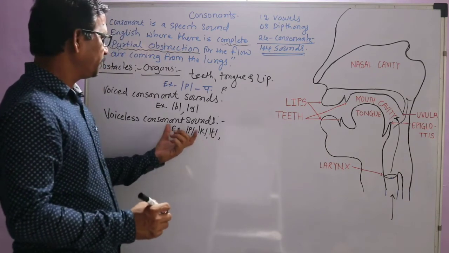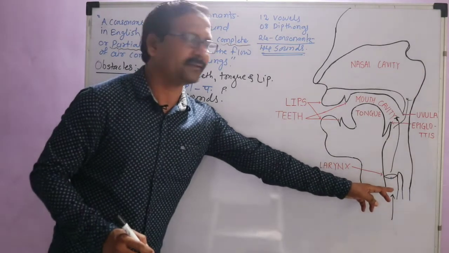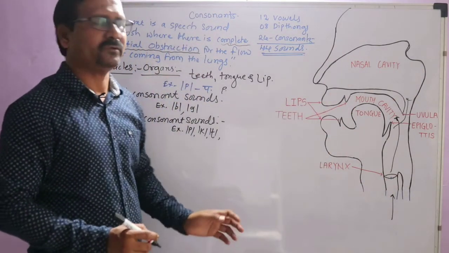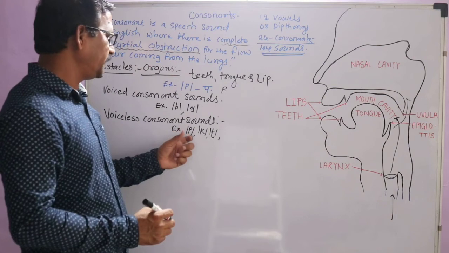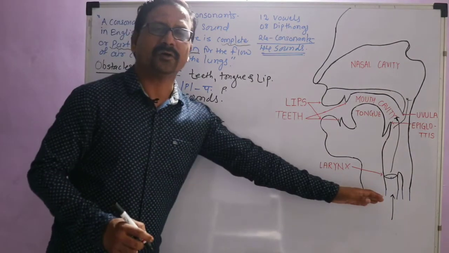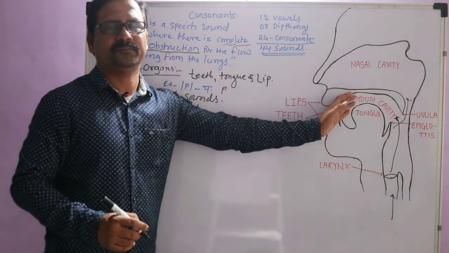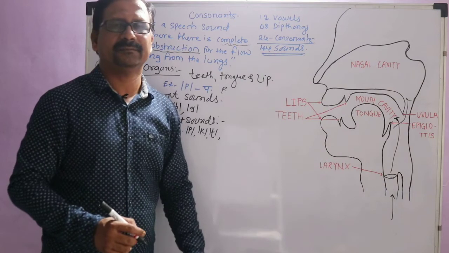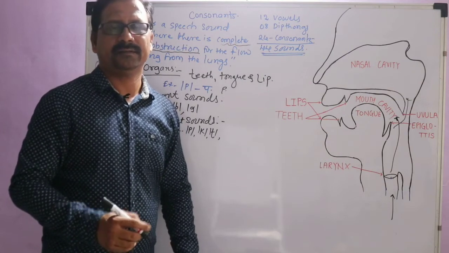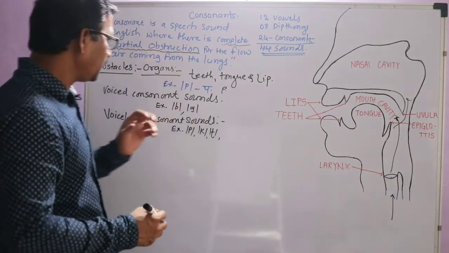While producing a voiced sound, the vocal cords vibrate here, and then the air goes into the mouth. But in the production of p, k, t, the vocal cords do not vibrate. Without vibrating, air goes into the mouth, and the tongue plays its proper role, and then there is a production of consonant sound.